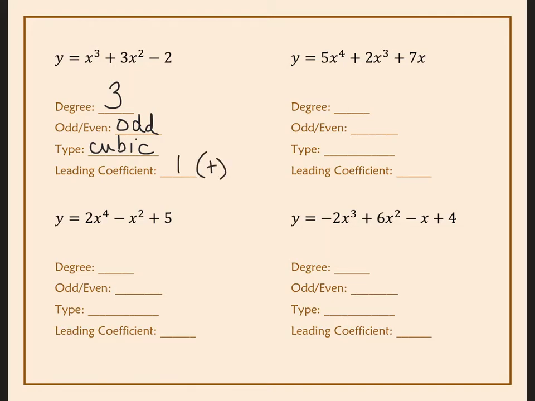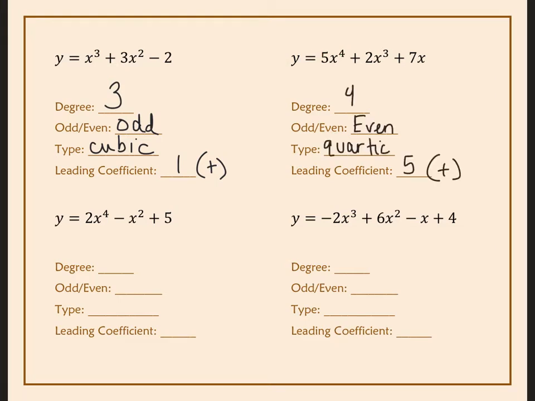We're going to want to know that. So for our second problem, our degree is 4. 4 is an even number. If it's a fourth degree, the type is quartic. And this is my leading coefficient. Nothing else matters except for my highest exponent term.